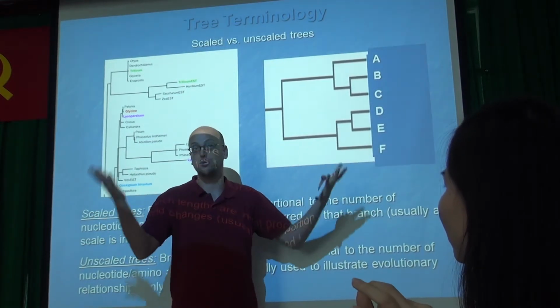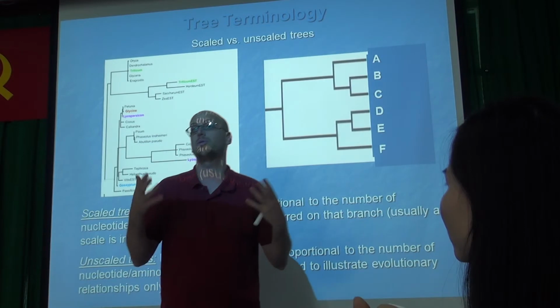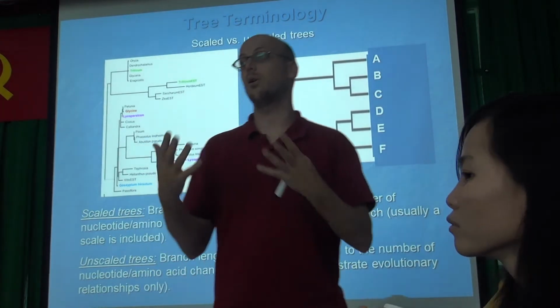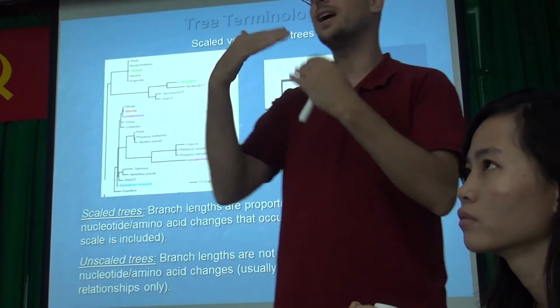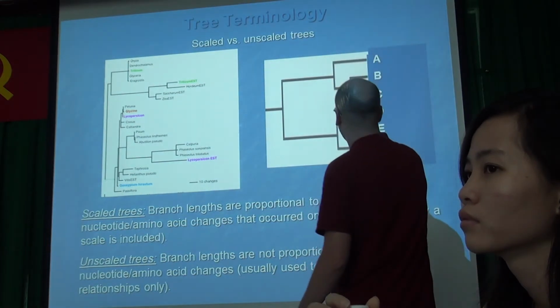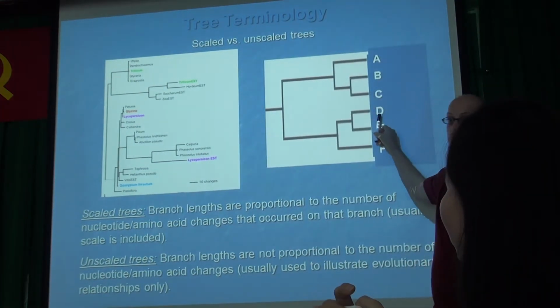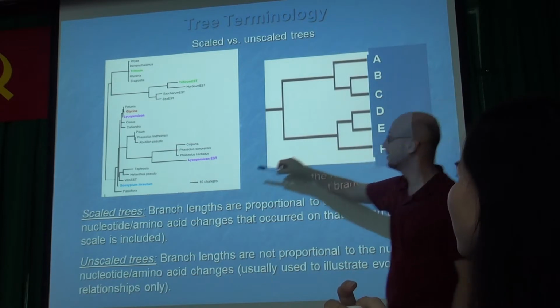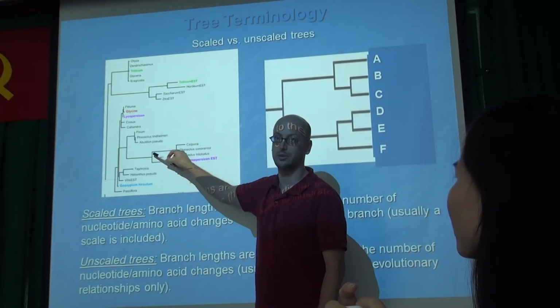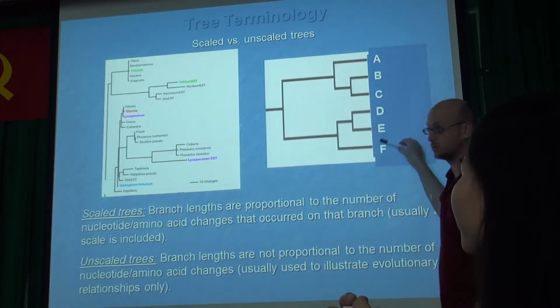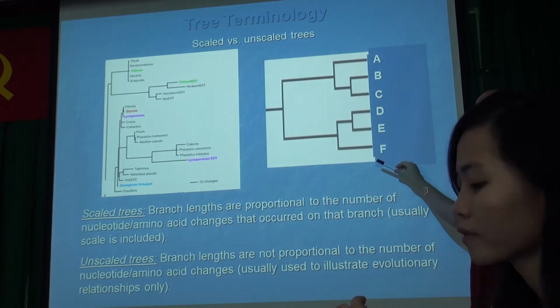You don't care how similar. If you just want to know the topology, the relationships, then you would use this one because it's easier to look at, it's easier to read. This one is a mess, it's not easy to read. This one is easier to read, but it has less information.